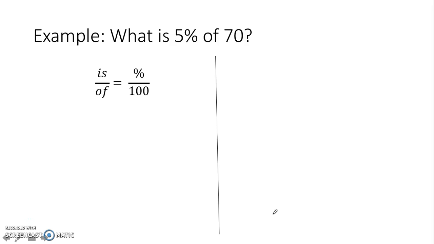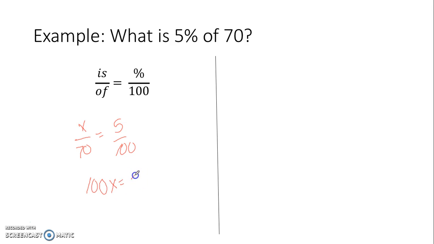Let's look at an example. What is 5% of 70? We're going to do both ways. First, we're going to set up the proportion. What is 5% of 70? We don't know what is, so x over 70 is equal to 5 over 100. 100x is equal to 70 times 5.